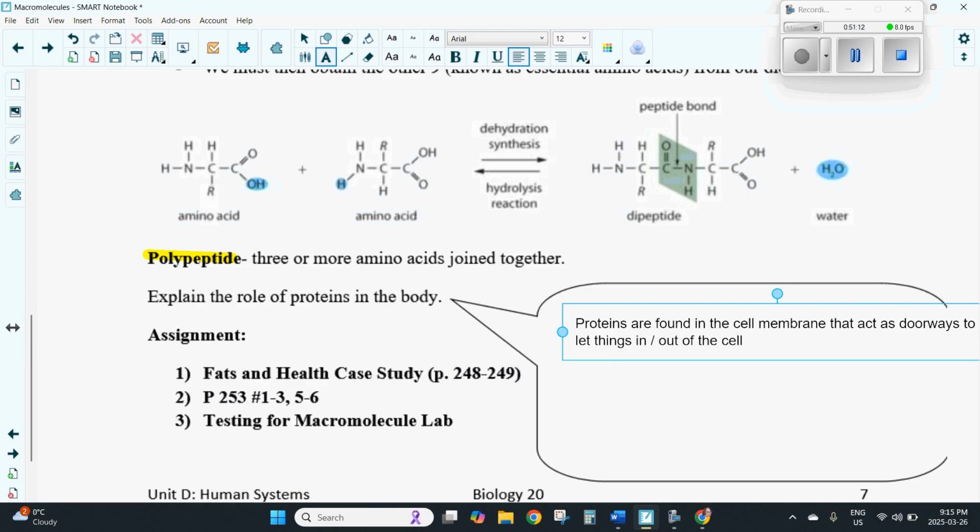There are integral proteins and peripheral proteins found within the cell membrane. The integral proteins are the ones acting as doorways, and peripheral proteins act to pass on messages. They are also used to identify self versus foreign.